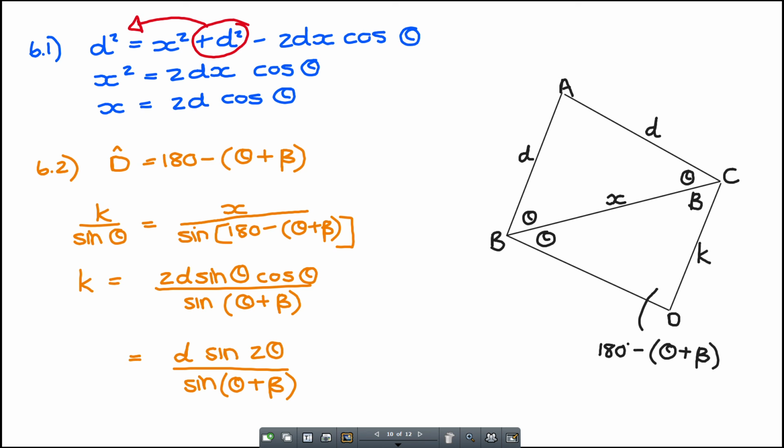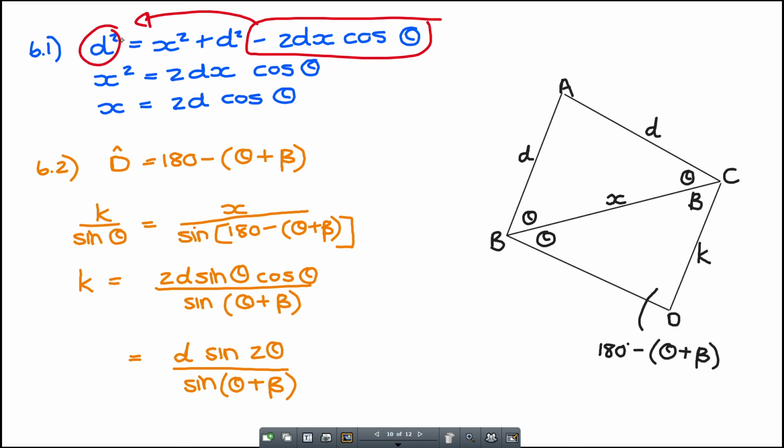It's just an extra step. This minus, if I take that to this side, it becomes positive 2dx cos theta. And then take this to the other side, then it will be x squared plus d squared minus d squared. So sien jy daai d squares are going to cancel each other out. Sien julle dit?